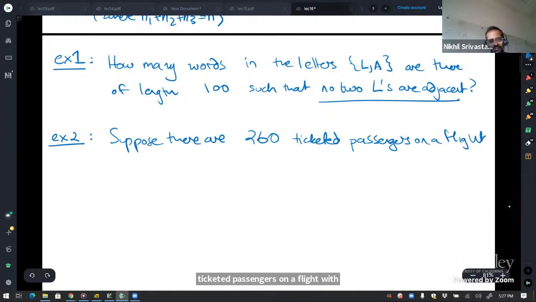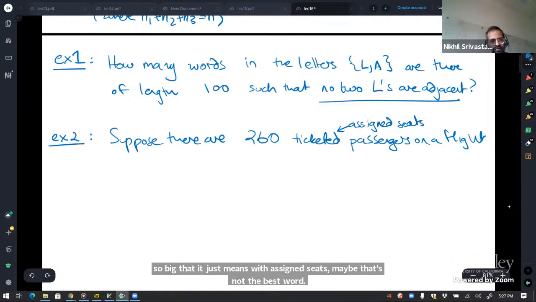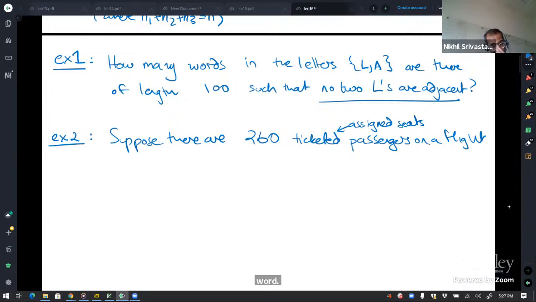Okay, so ticketed just means with assigned seats. Maybe that's not the best word. So every passenger has a seat. So it's not Southwest Airlines. How many ways are there for them to sit down so nobody sits in their assigned seat?